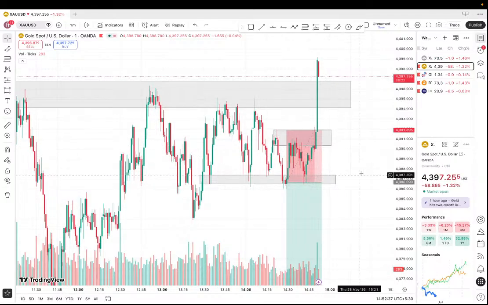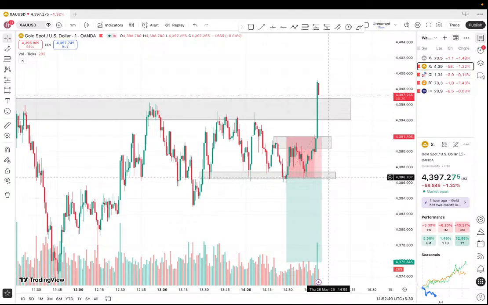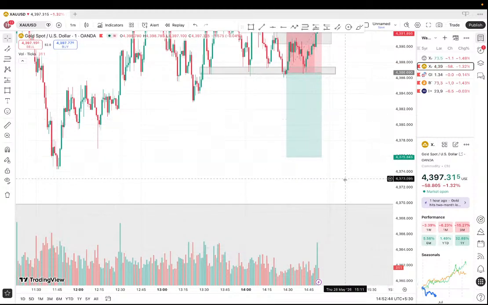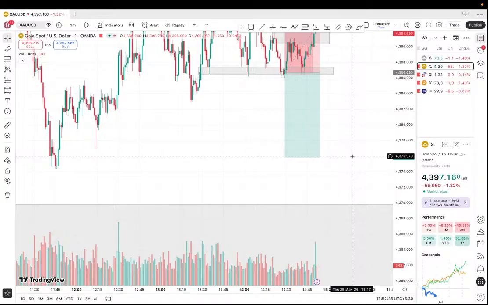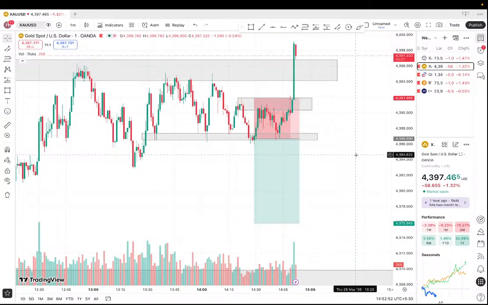So for anyone who wants to take entries, they can plan around this level for bigger targets. For at least 200-300 pip moves, you guys can enter around this level for selling side.